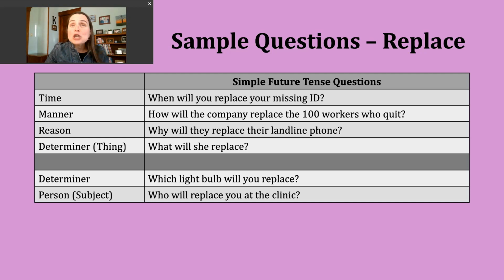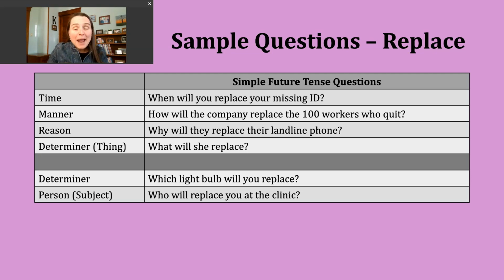There's another determiner or a way to ask about a thing or an object, and that's with the question word which, W-H-I-C-H. What makes this a little different is immediately after which, we're going to get a noun. Okay? And the reason for this is we're generally asking someone to make a choice between two things or among a group of things.